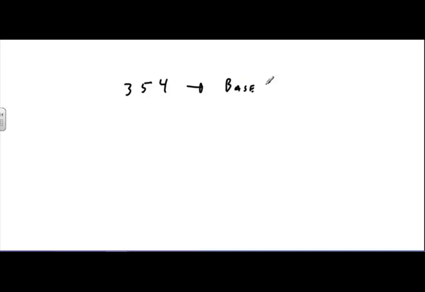Several ways I can do that. First way is I can just take out my calculator and tell it to do it. I told you I like this calculator, right? So I turn my calculator on. Okay, so my calculator's on. So I got 354. And I'm going to go to second function, base.